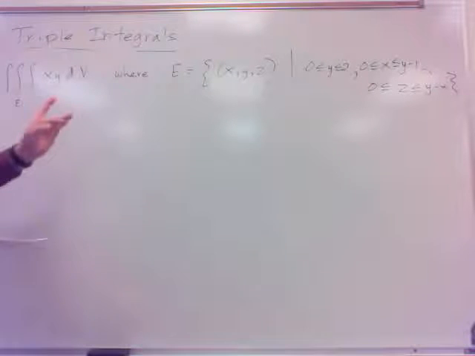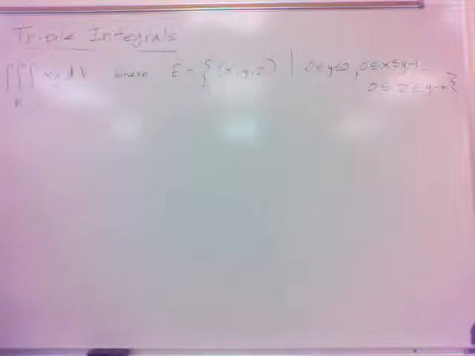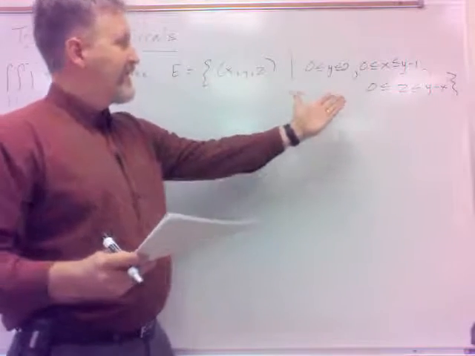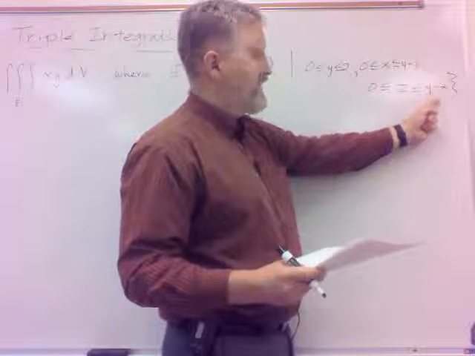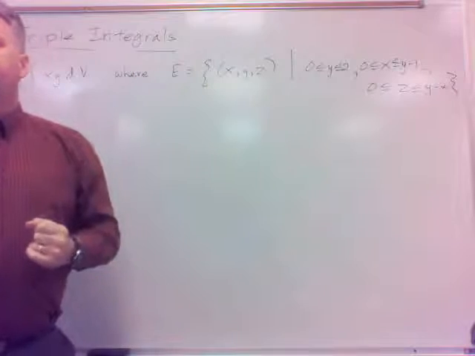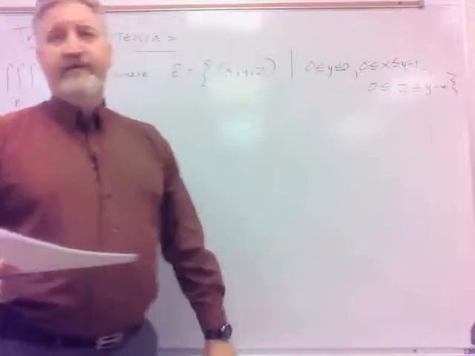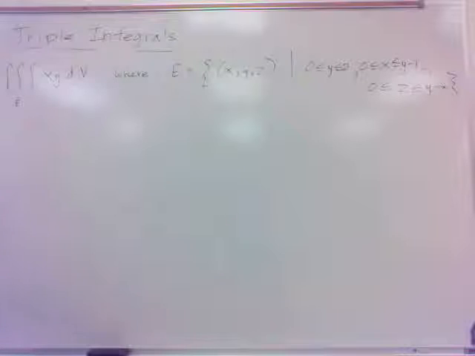So set up the limits there based upon what we've got here, and what we notice is that z is dependent on y and x, so z is a function of x and y. The x, the way we've got it set up, is in terms of y. So dz, dx, dy, right?